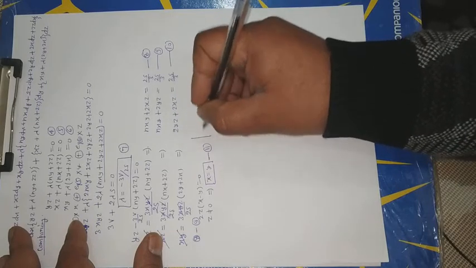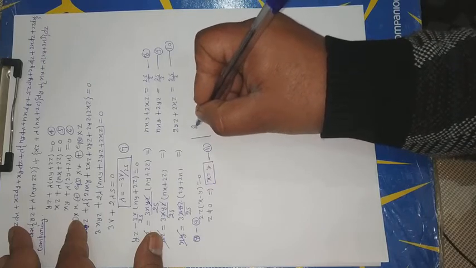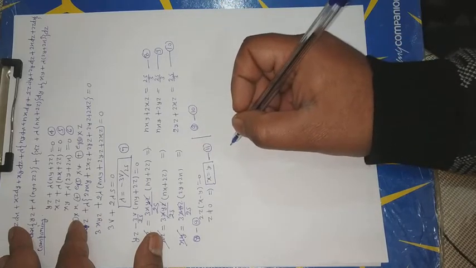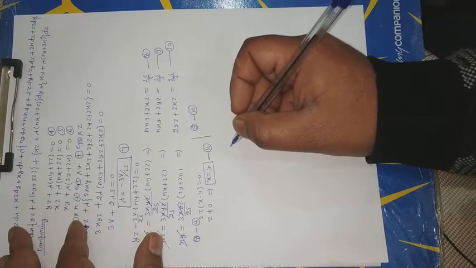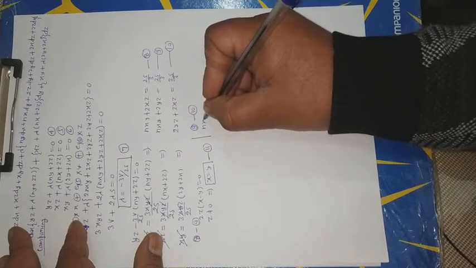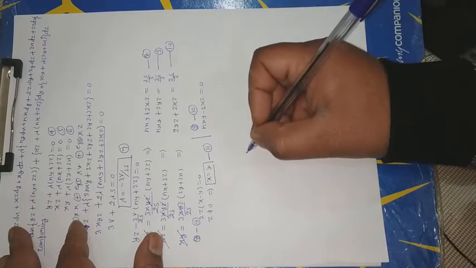Now equation number 10 subtracted by equation number 9. Then we get nxy minus 2xz equal to 0.